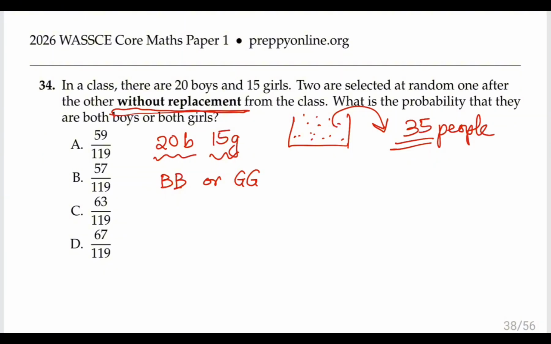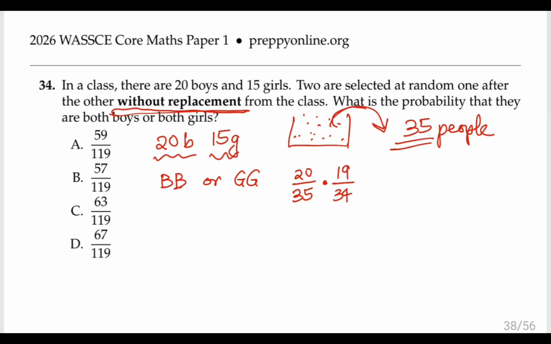If 20 of them are boys, the probability that the first person you select is a boy is 20 over 35. And then, having done that, the probability that if you select again you'll get another boy is now 19 over 34. 19 over 34 because after selecting the first boy, you're left with 19 boys, and you're also left with 34 people.